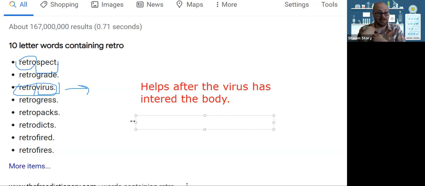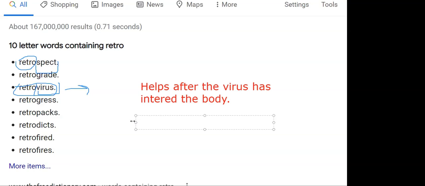Someone is exposed to HIV. It enters the body, but the virus isn't able to attach to any of the cells because they have a retroviral medication. So it's medication for after the virus enters the body. Does that make sense? Yeah, makes sense. So after the fact.